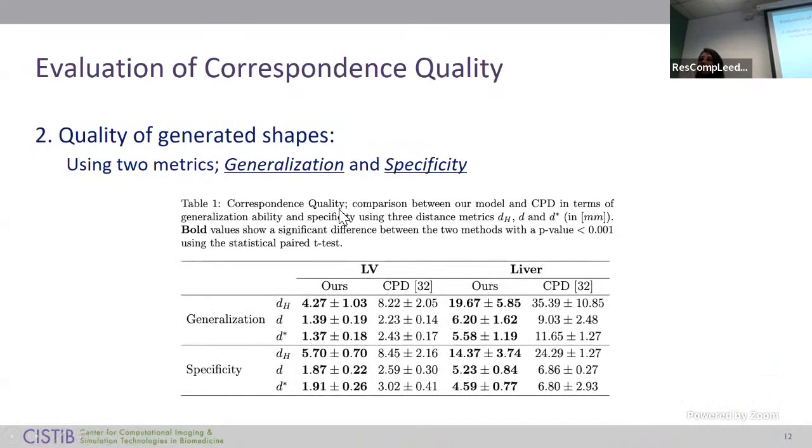Another evaluation of correspondence quality is evaluating the quality of generated shapes. We compute generalization and specificity metrics, and you can see that we also consider tree distance metrics. Our proposed method outperformed CPD, which is a point cloud-based learning method.